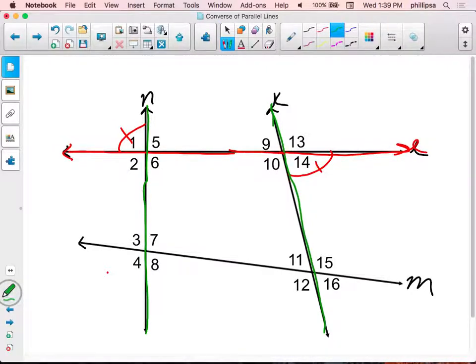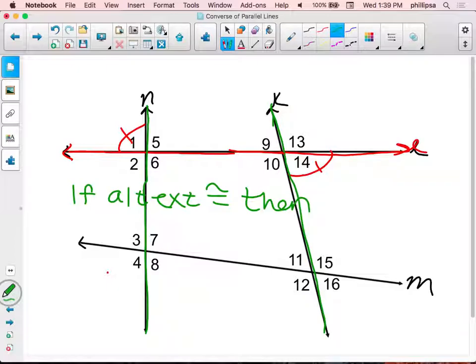Now I'll ask you, what angle pair? Sarah? They're alternate exteriors. Is it the relationship that you want? It is. They're congruent, because if alternate exterior angles are congruent, then you know you have parallel lines.